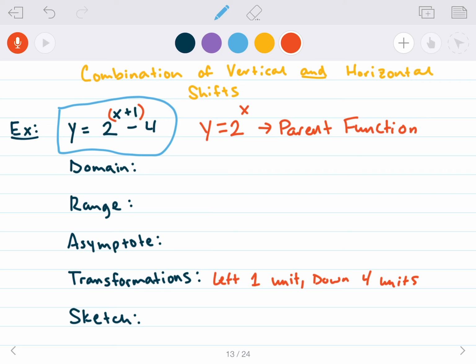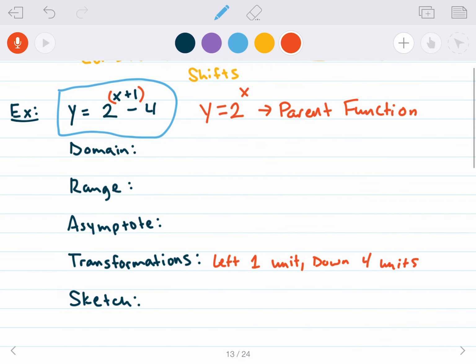We might want to do a sketch first before we look at the domain and the range. Let's do just a quick little sketch here. I'll do a little baby t-chart over here.